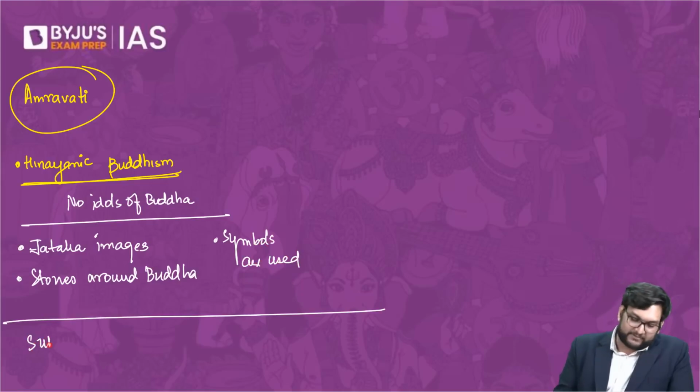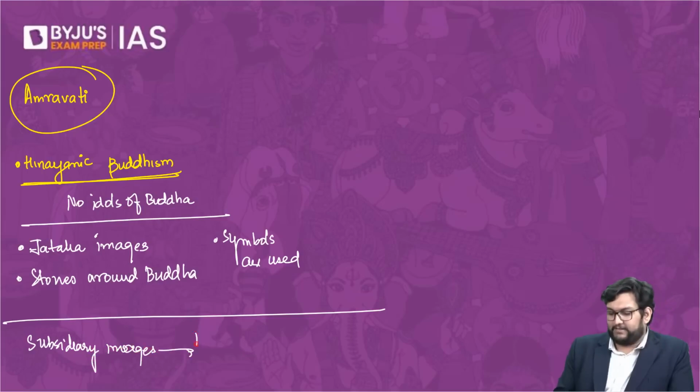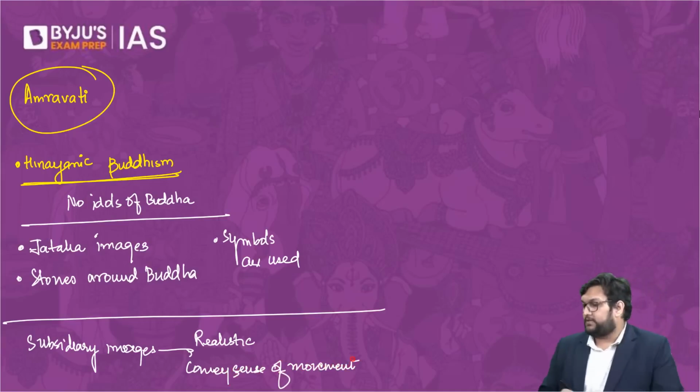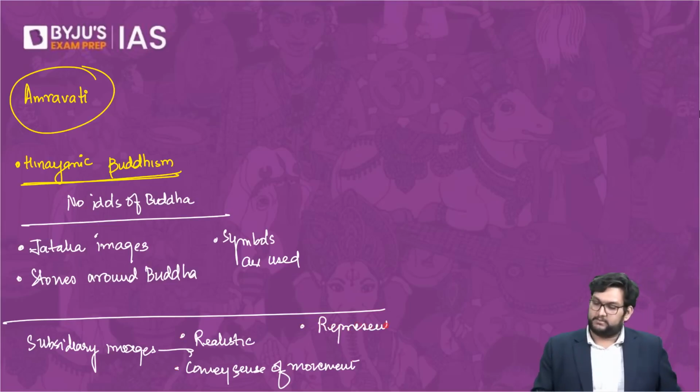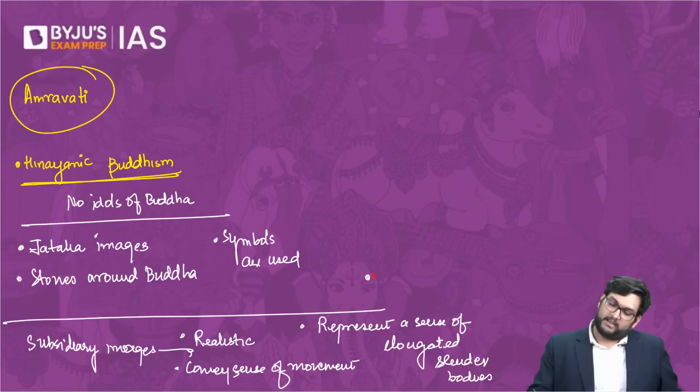This means that the subsidiary images are very realistic, convey sense of movement. They also represent elongated, slender bodies and have oval shaped faces in most cases.